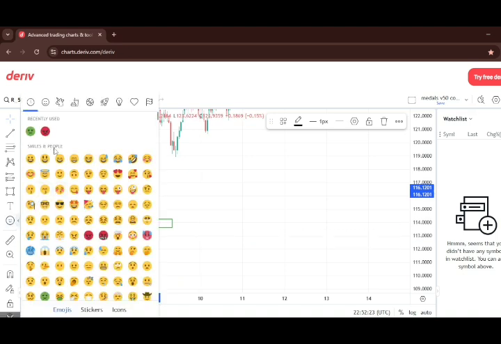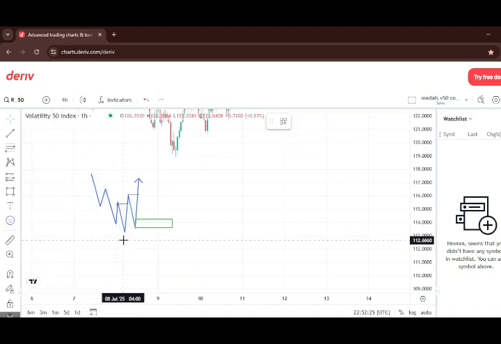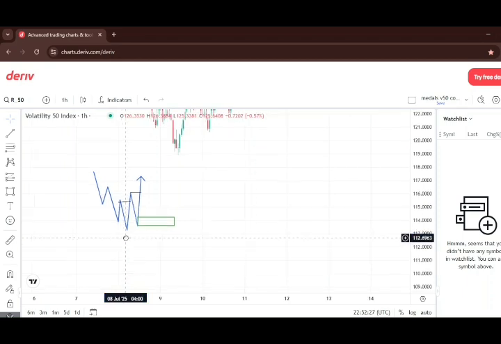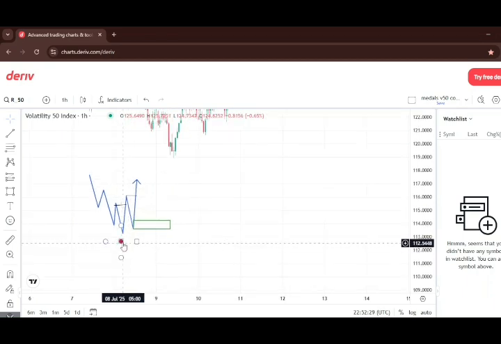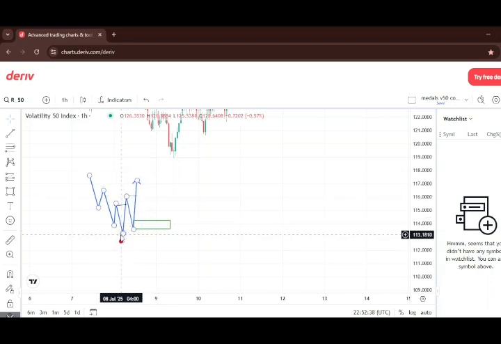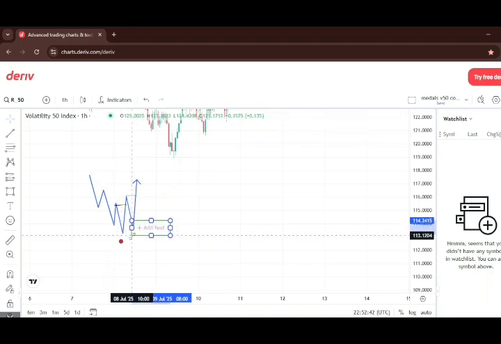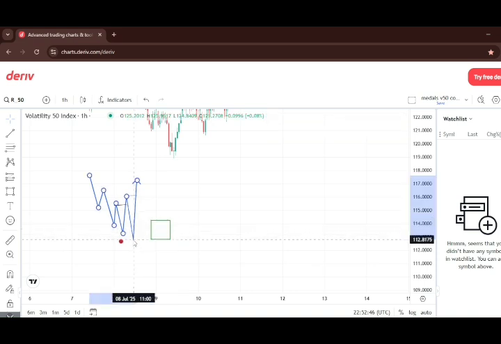This is the last move here. So this leg that is going to take out the second structure should not take out this one. Once it has taken it down like this, then it's not valid.